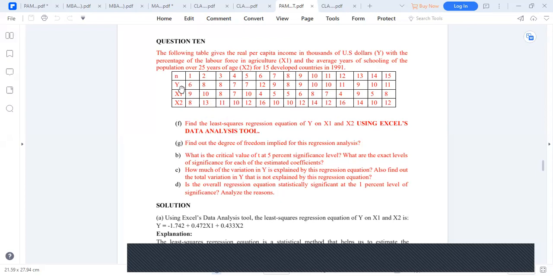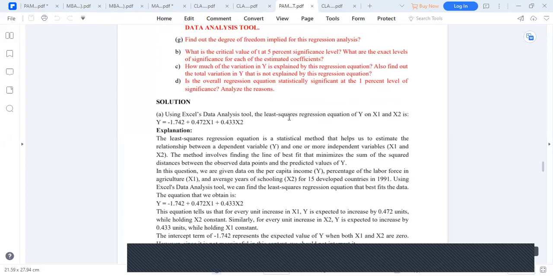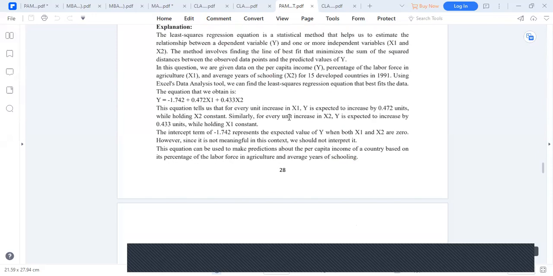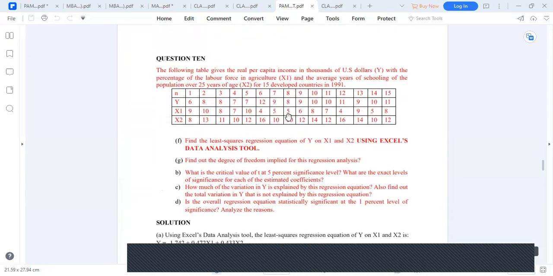So here we have y and variables x1 and x2. So once you input them in the data, it will produce an output that will look something like this.